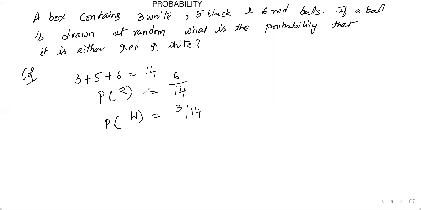Now, or will be the probability of getting red or white, which will be 6 by 14 plus 3 by 14, which results in 9 by 14. By the addition theorem, since the two events are exclusive, the required probability is 9 by 14.